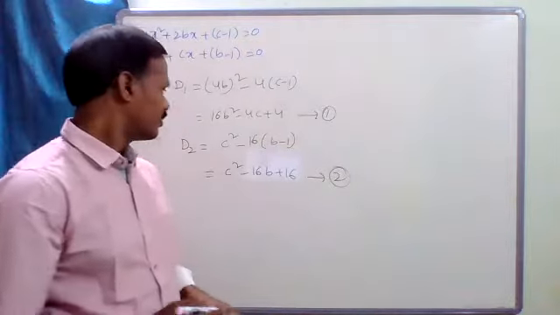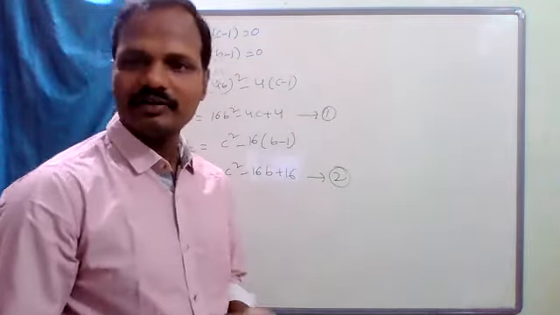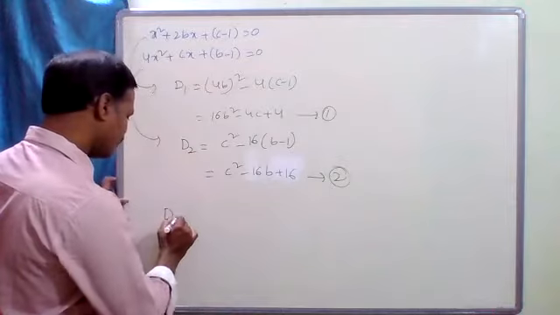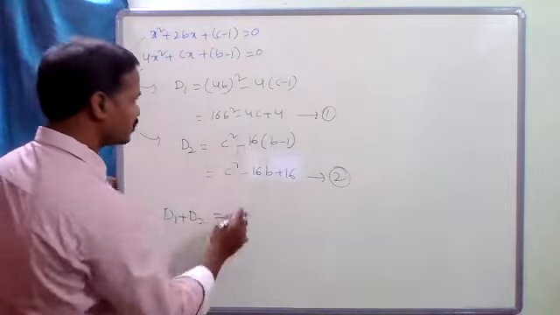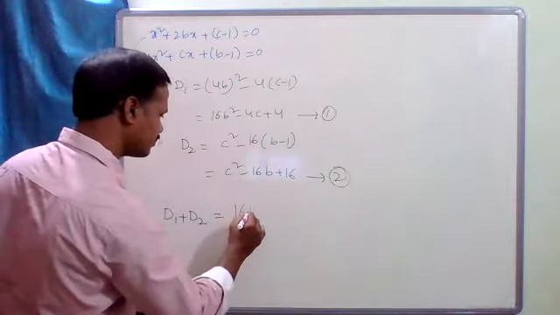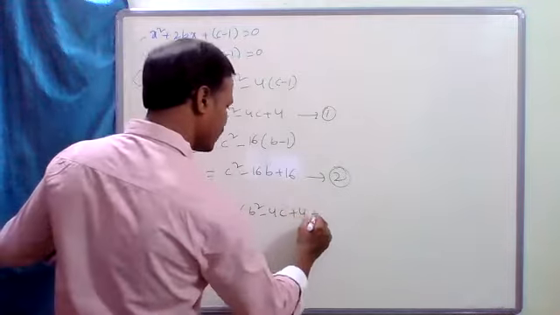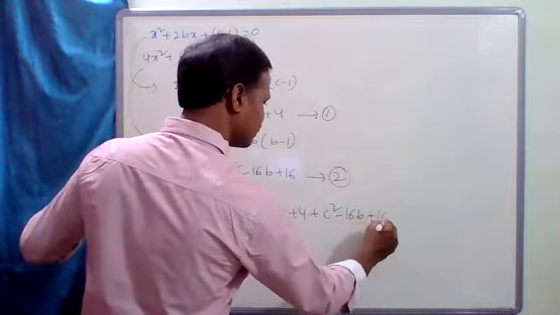Now we have to calculate d1 plus d2. So d1 plus d2 is equal to 16b square minus 4c plus 4 plus c square minus 16b plus 16.